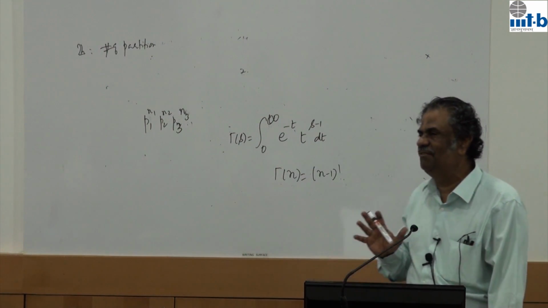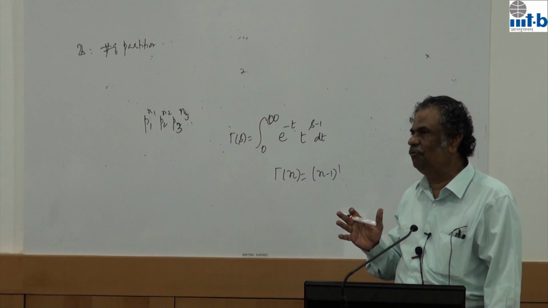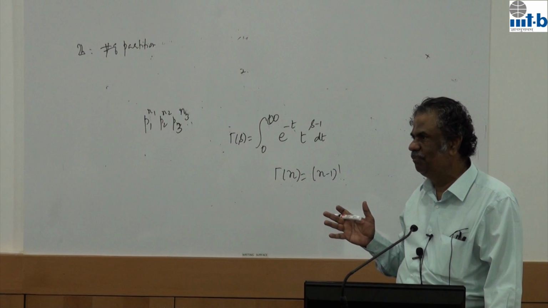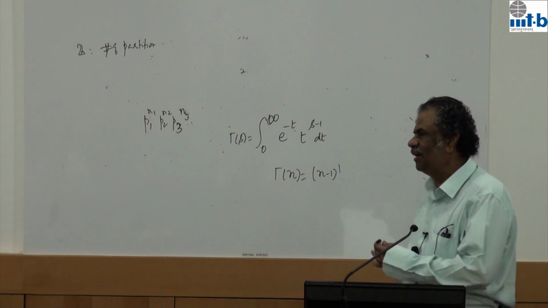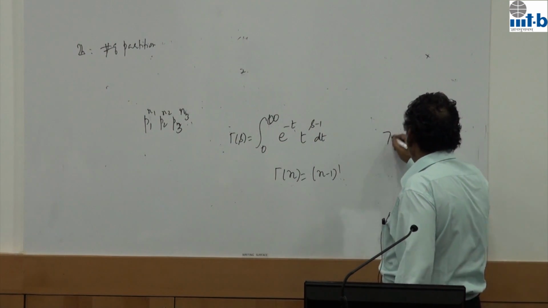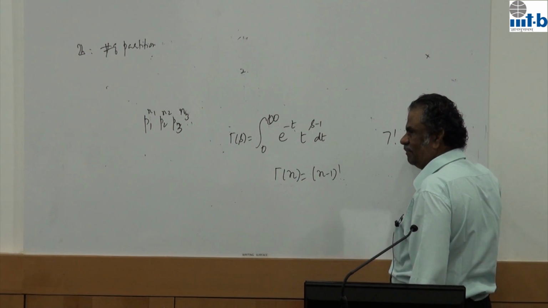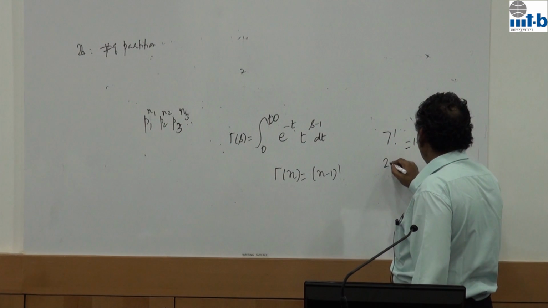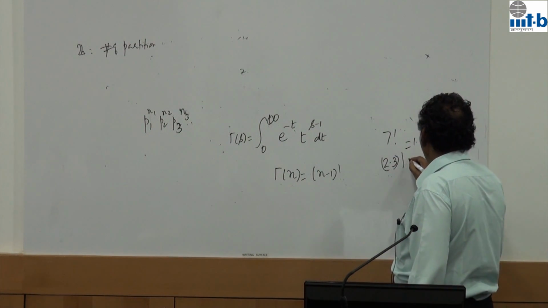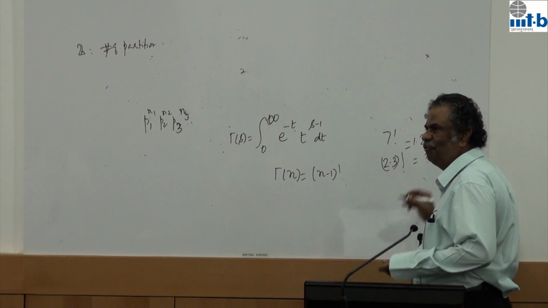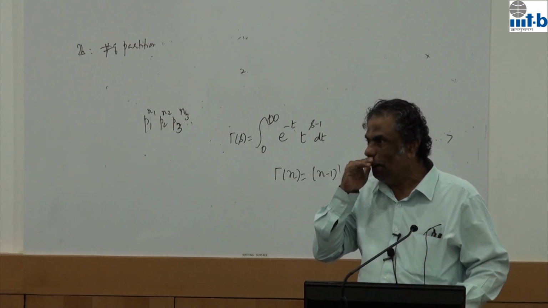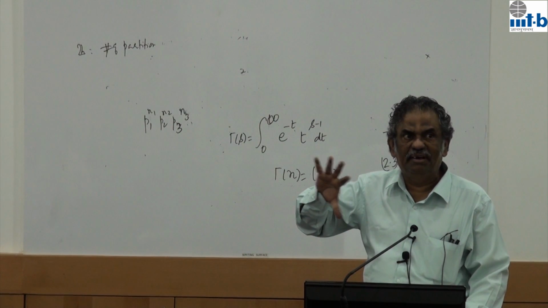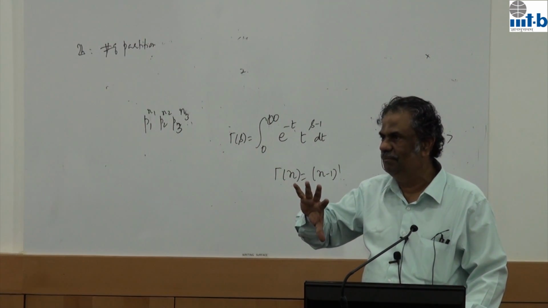I have a function defined as n minus 1 factorial on every integer, but there is no way I can define what 2.3 factorial is. Of course, if you know 7 factorial, this can be easily defined. But if I want to know something like 2.3 factorial, this makes no sense.